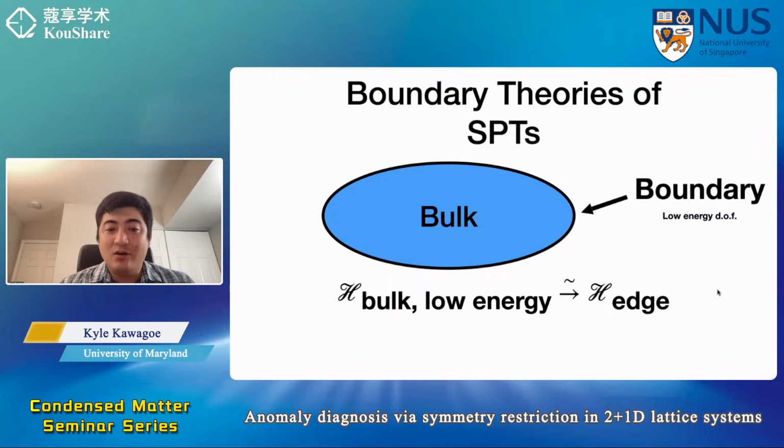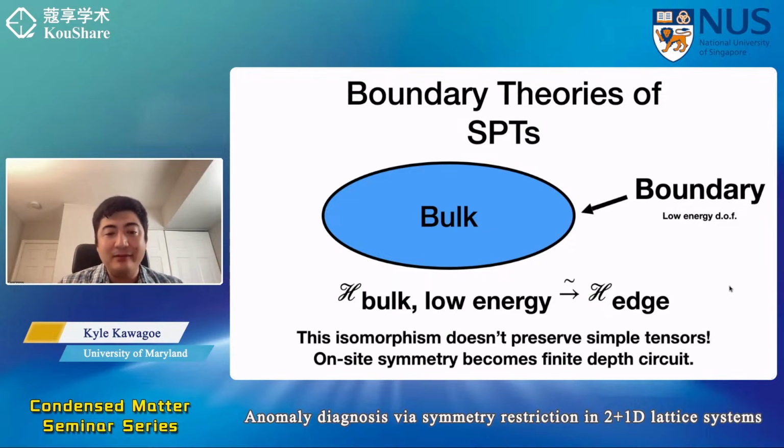Now, this isomorphism conserves locality, but only to a point. Maybe your symmetry in your SPT is an on-site symmetry, which will be the case we're interested in. So it's a simple tensor over all the sites. Then what was a simple tensor or product symmetry in the bulk becomes something that's no longer just a simple tensor.